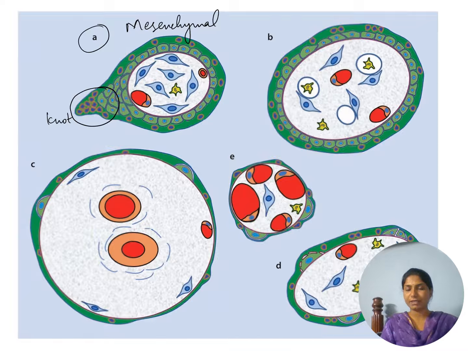So this syncytial knot helps in throwing away, like a cover to throw away the dust from the dustbin. So this is the syncytial knot, and this is the mesenchymal tissue, and we have the placental blood vessels. This is a very primitive type of villi.